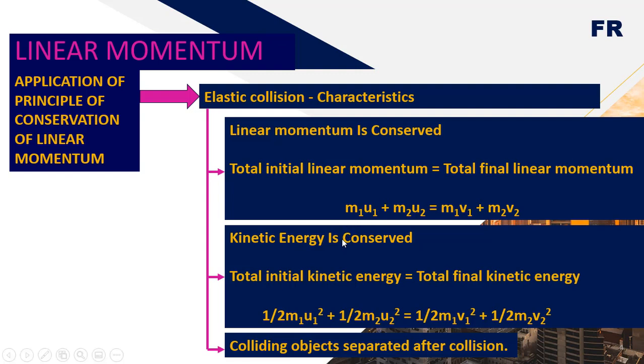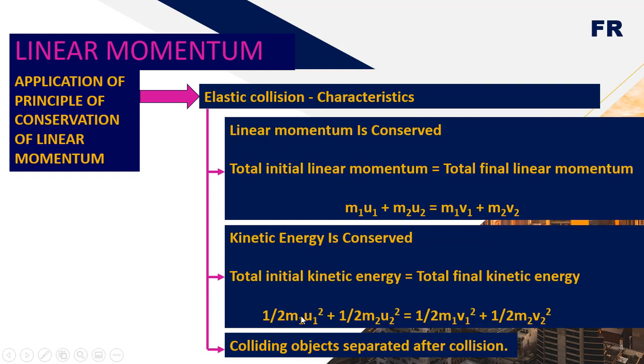The second characteristic of elastic collision is that kinetic energy of the system is conserved. This means the total initial kinetic energy is the same as the total final kinetic energy.